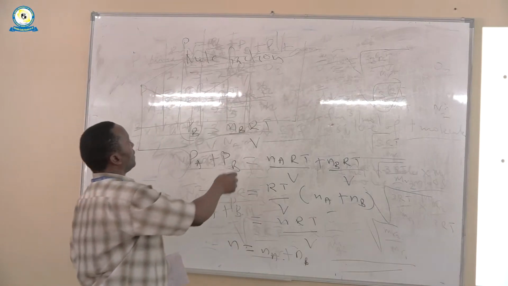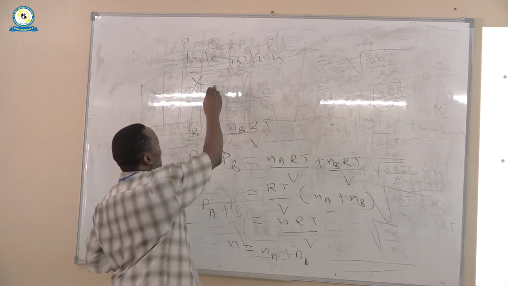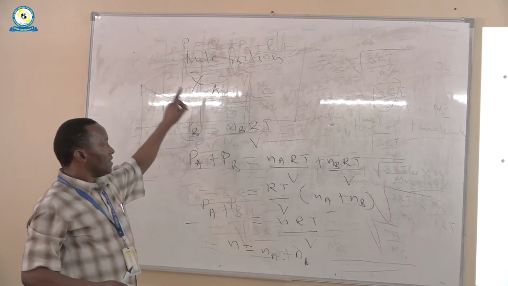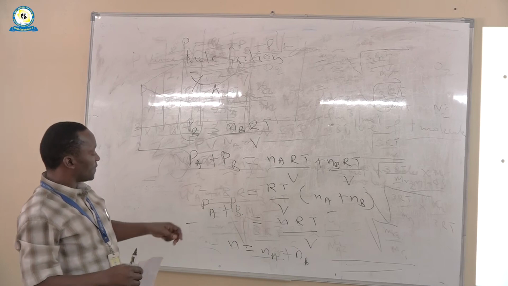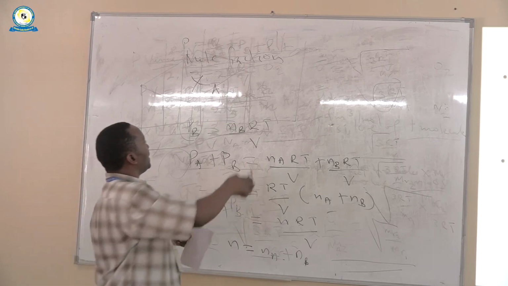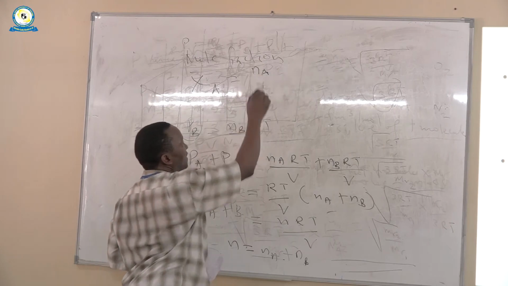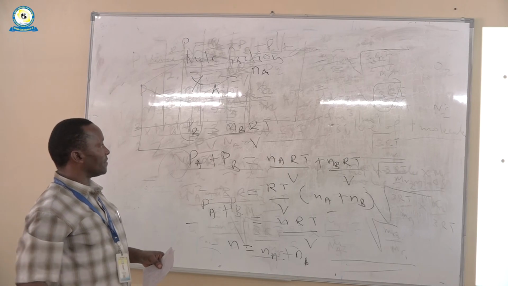We could say that the mole fraction, if we denote it as XA for gas A, has its number of moles as nA.